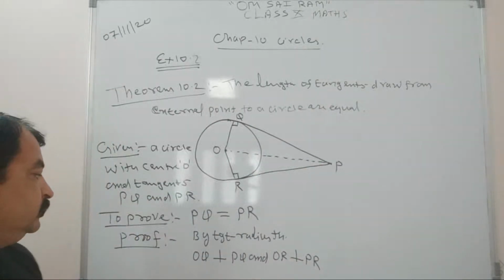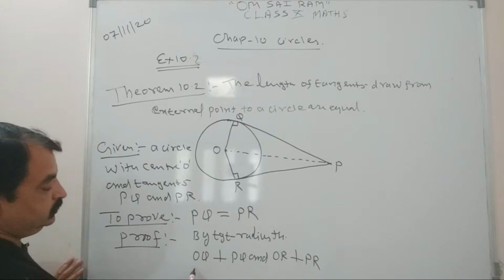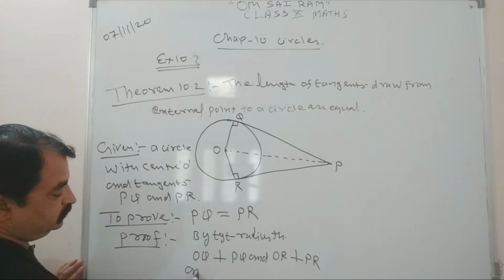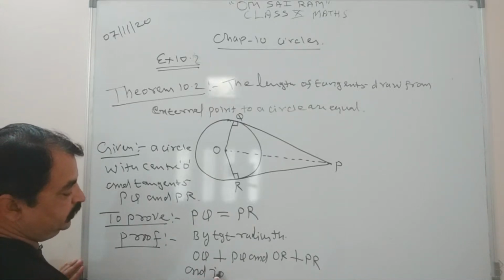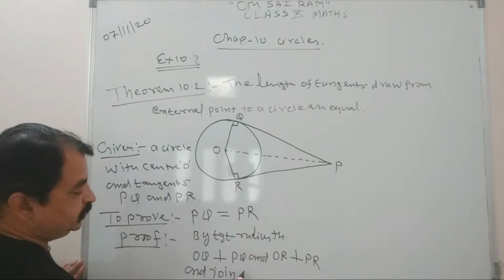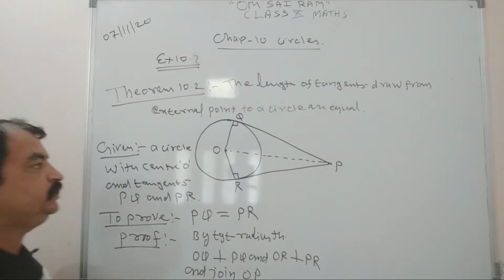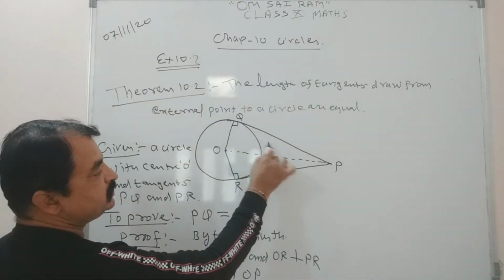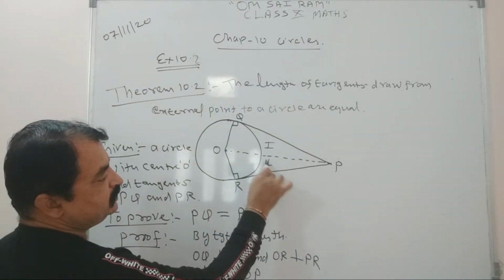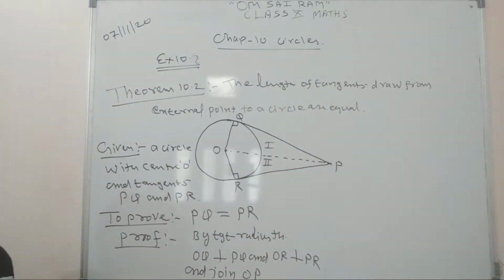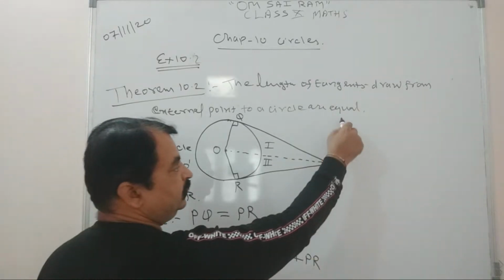So see children, join this part, you can write it in construction also: join OP. When you join OP, children, you will get two triangles. See, this is one triangle and this is the other triangle. And you know in 9th class you have done congruent triangles, right?